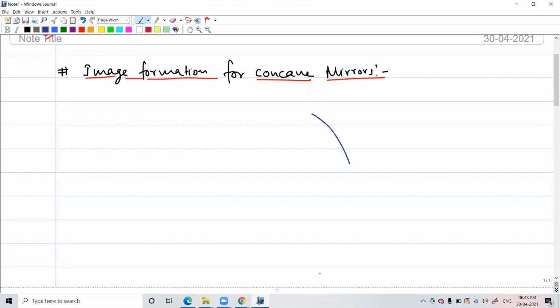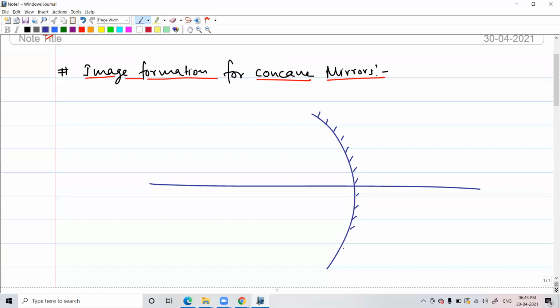Let's draw the concave mirror first. What is this point over here called, guys? Tell me, what should I represent it as? This point? P. Yes, P. P for what?